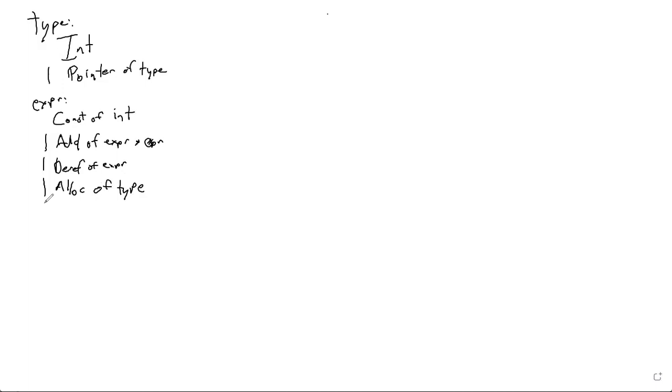Finally, we should have variables. So we can say that there's an ID, and that'll have a string attached to it. And we want to be able to create new variables. So we have let.